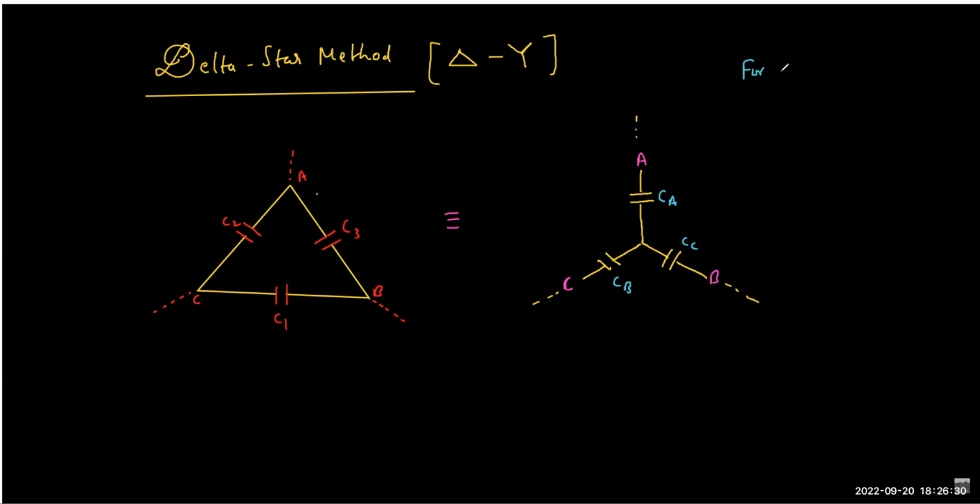So for terminals A and B, what is the equivalent capacitance in the delta format? If you choose A and B as your terminals, then the others we have to ignore.